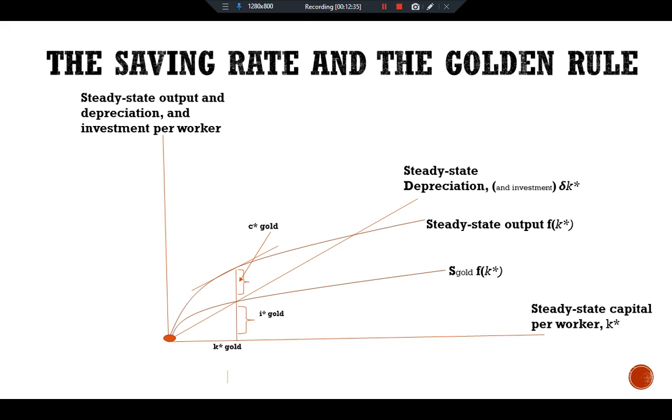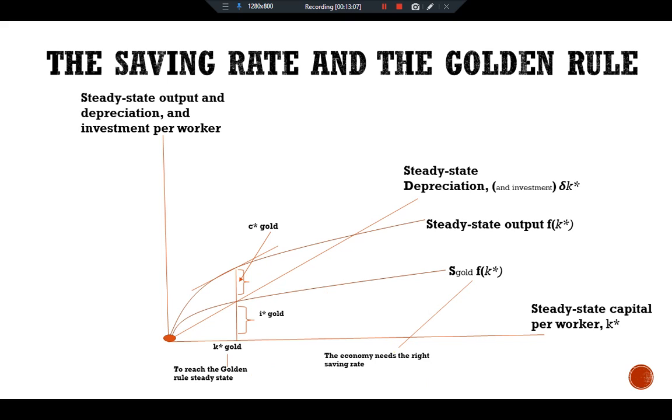Keep in mind, to reach the golden rule steady state, the economy needs the right saving rate. This figure shows the steady state if the saving rate is set to produce the golden rule level of capital. If the saving rate is higher than the one used in this figure, the steady state capital will be too high.